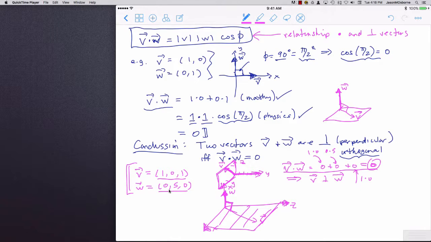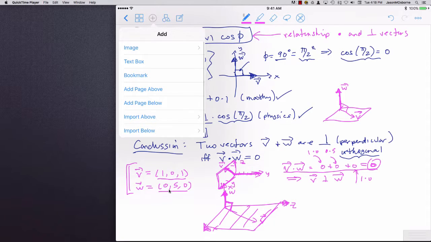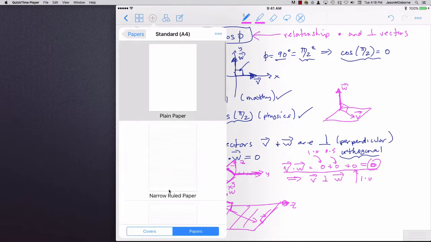So let me add another page. Let me show you. The formula we just had there was v dotted with w is magnitude of v, magnitude of w, cosine of the angle between them.